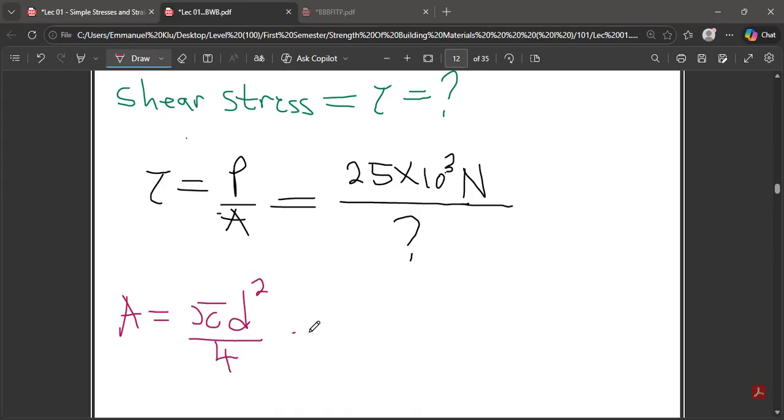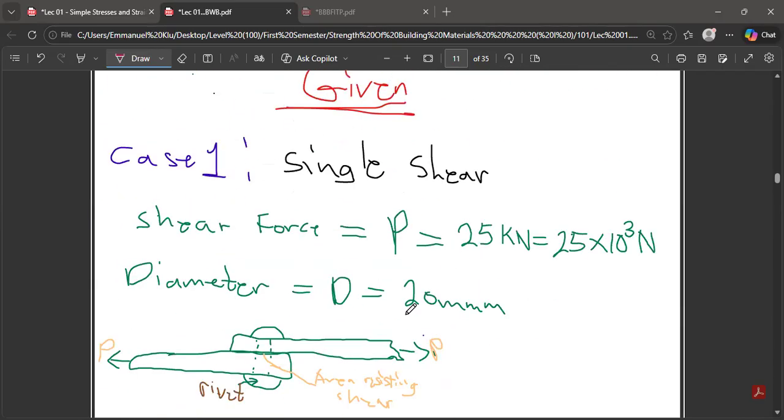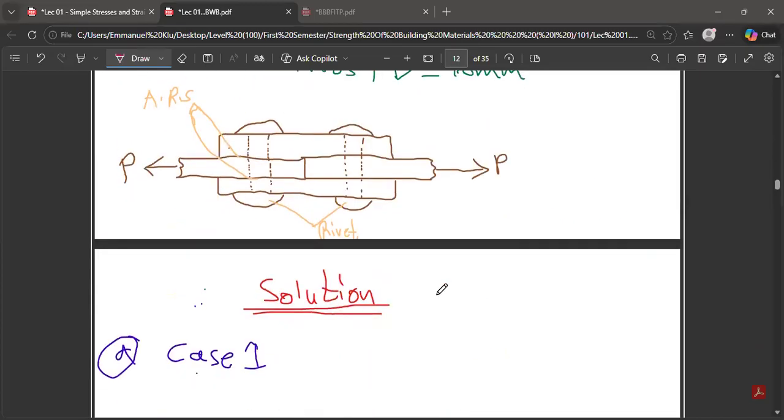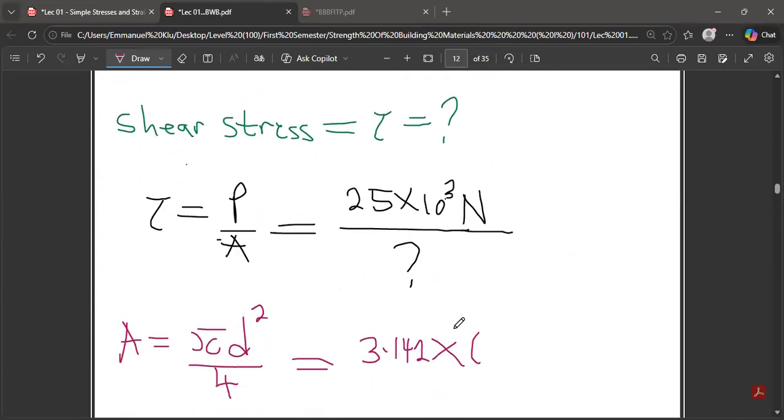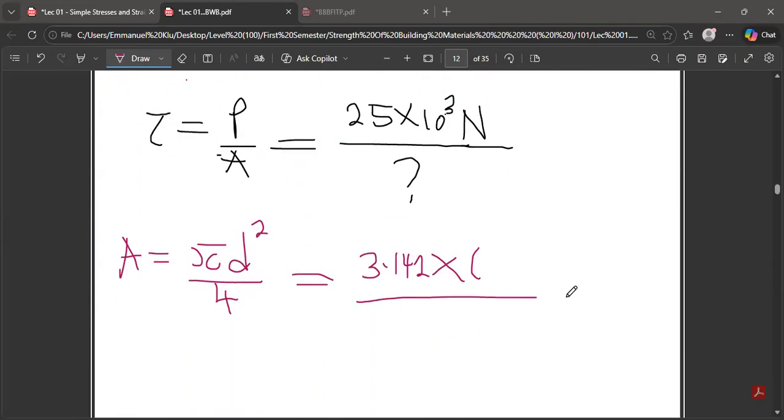Finally, we can say that our pi, we are adopting 3.142, times what? What is the diameter of the first rivet? The diameter was actually 20 millimeters, right? So we put 20 millimeters in the bracket, so 20 millimeters all squared.